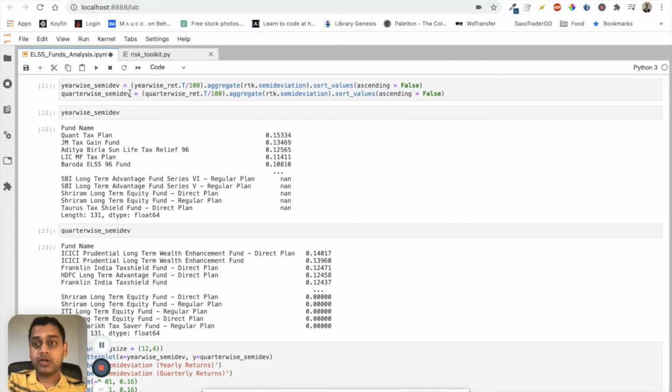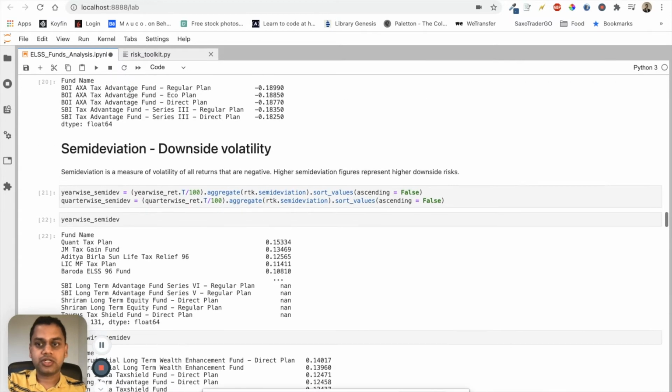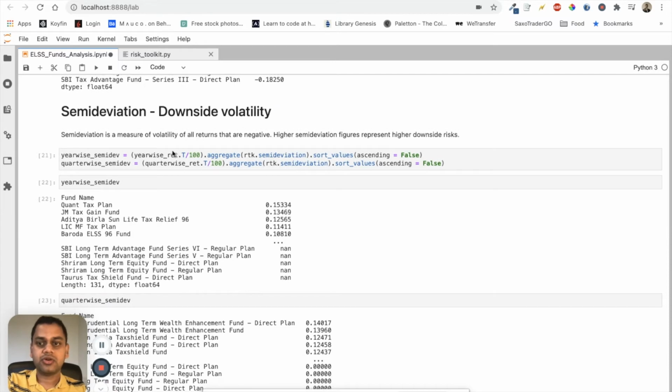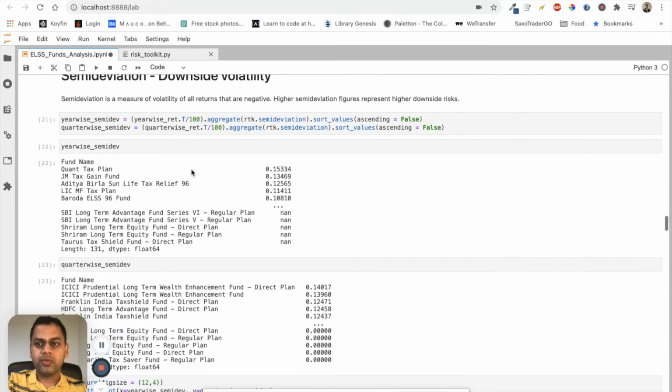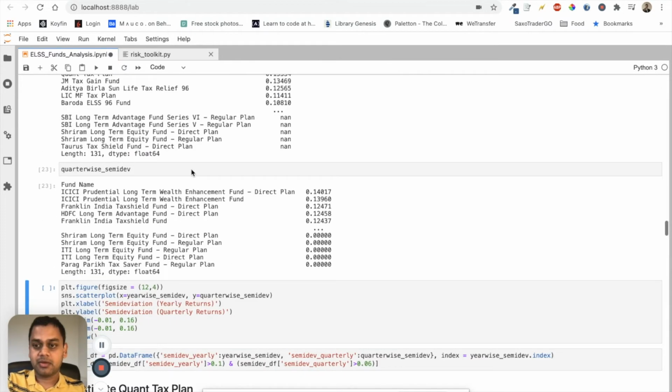We don't look at returns at all. We just look at the volatility of these funds. As equity investors, we should not be shying away from risk, but at the same time, we have to make sure that the fund returns commensurate to the level of risk it takes up.